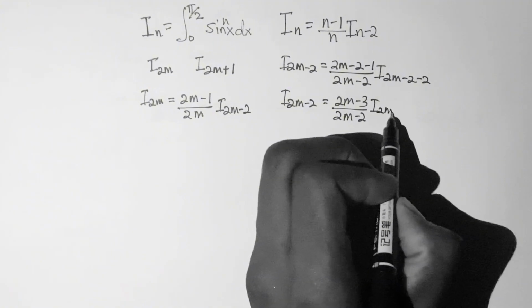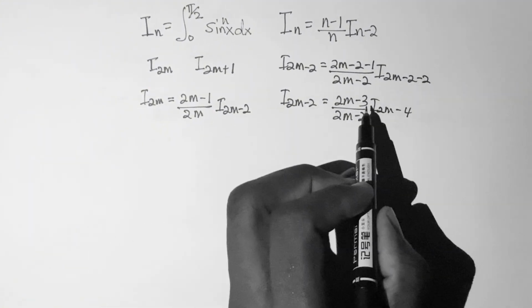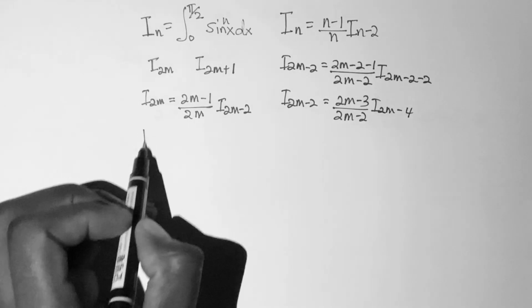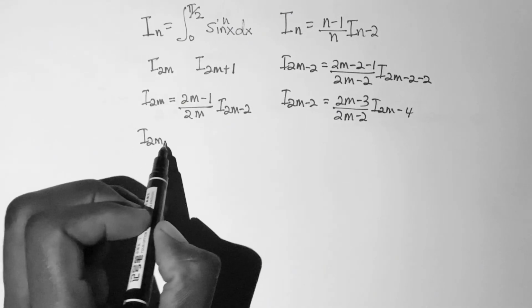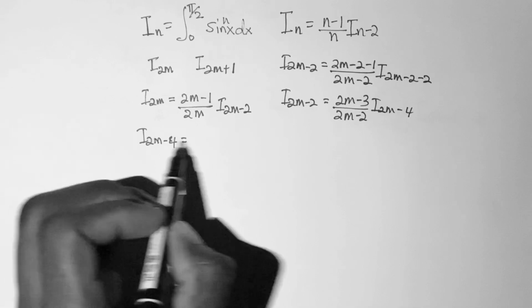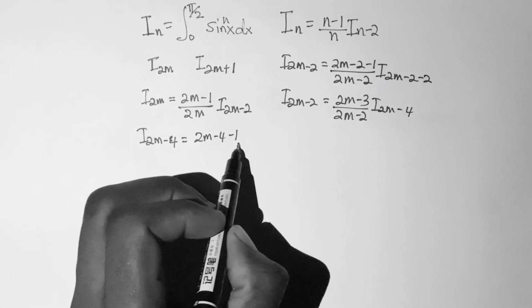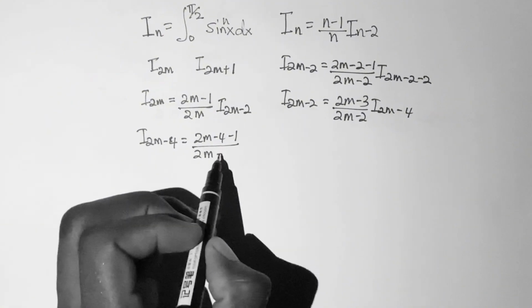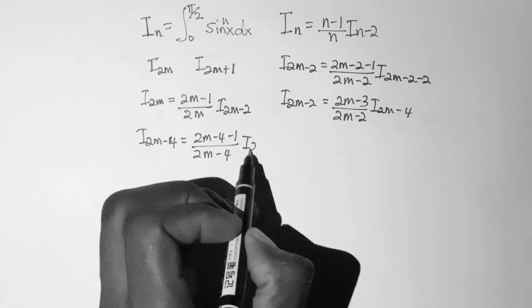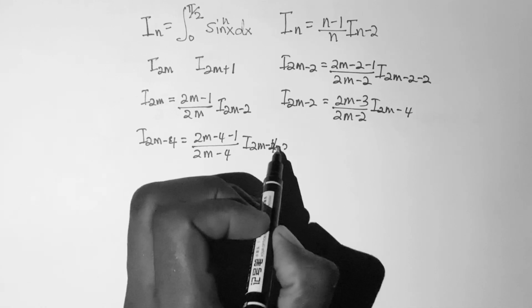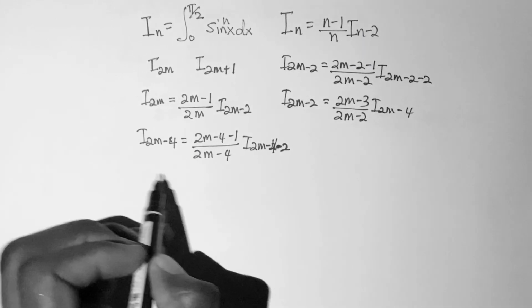Now, let's find I of 2m minus 4. So I of 2m minus 4 is equal to, here becomes 2m minus 4 minus 1 divided by 2m minus 4. Then I of 2m minus 4 minus 4, then minus 2.